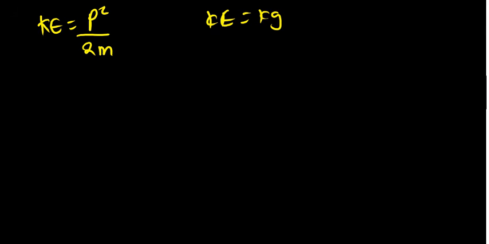Let's consider that we have the formula for kinetic energy, as in kinetic energy is given by the momentum squared divided by 2m. Let's say that the dimensions for kinetic energy are kg m² s⁻².